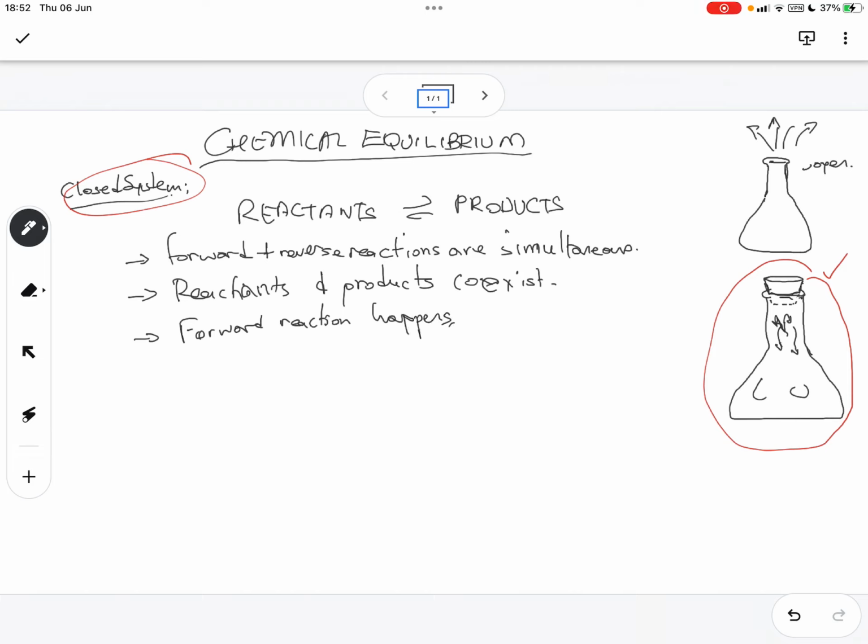So as the forward reaction happens, reactants decrease and products increase.